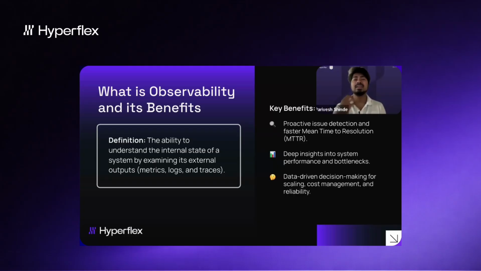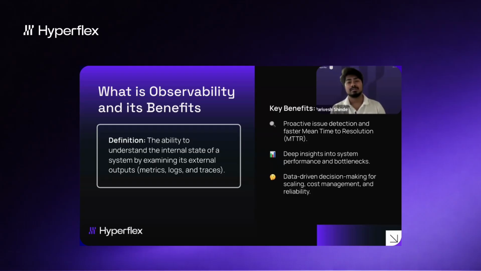How do we do it? We observe some metrics. These are predefined metrics, or you can say industry standard metrics that we know. If we observe these, we can have a clear picture of our system.